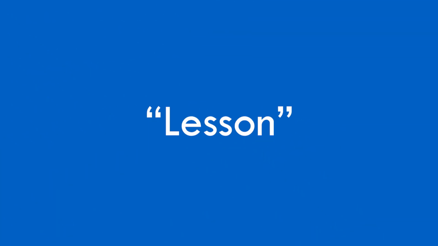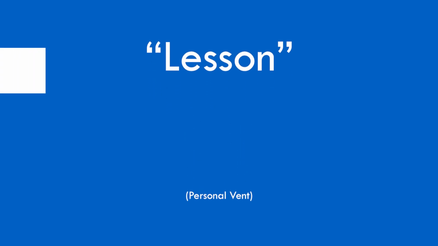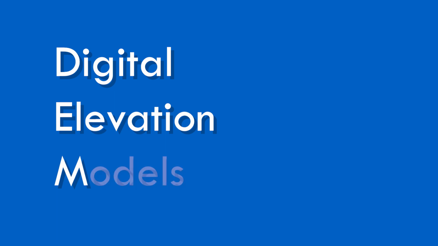Like most stories in my life, this video comes from a complaint that I have, and I'm going to rearrange the pieces such that this is an educational lesson for you and a chance for me to rant about my living situation. Today, we're going to be talking about DEMs, Digital Elevation Models.